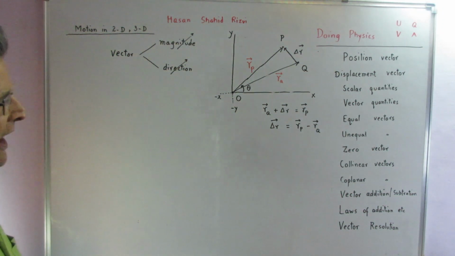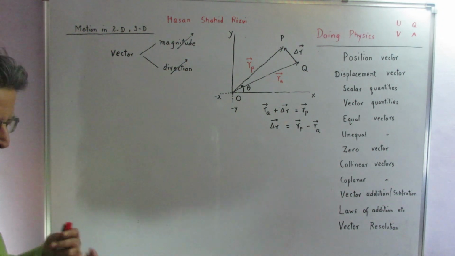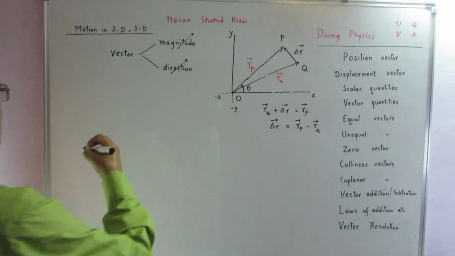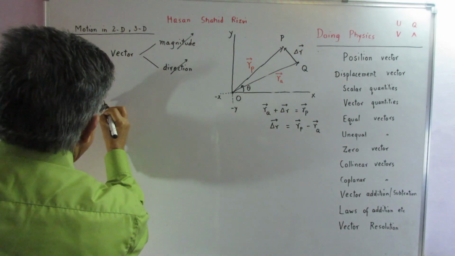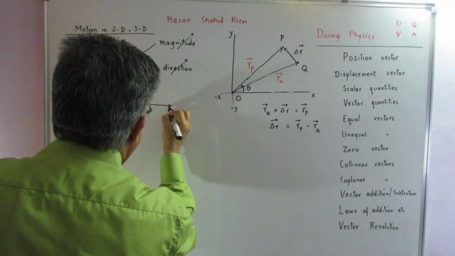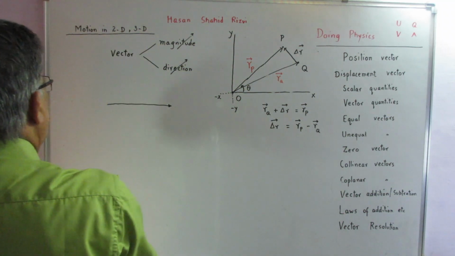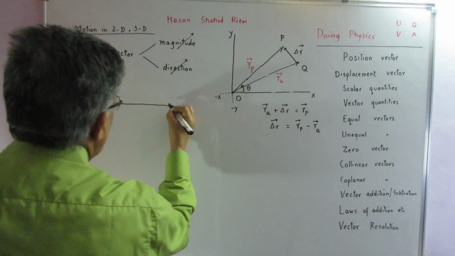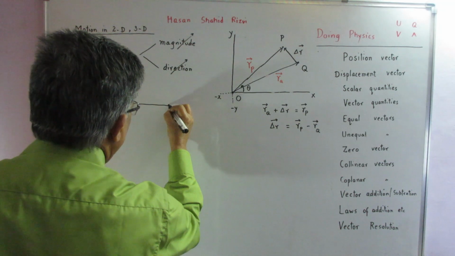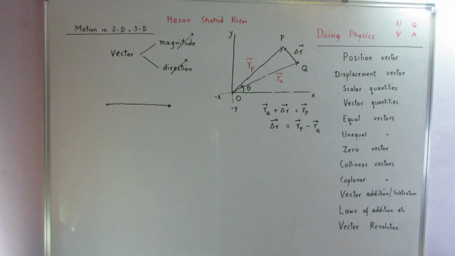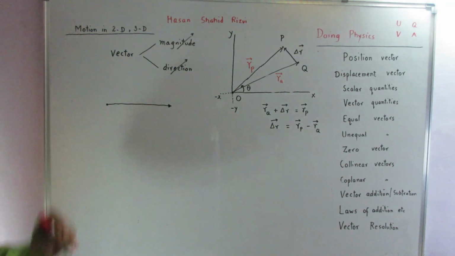So now I make an introduction to the vector quantities, and let me say that there is a vector which is represented by an arrow, and it has a starting point and an end point, and between them it is a simple straight line which has the magnitude.